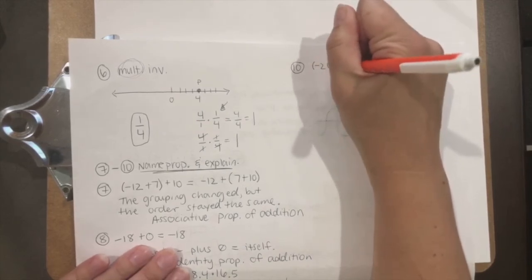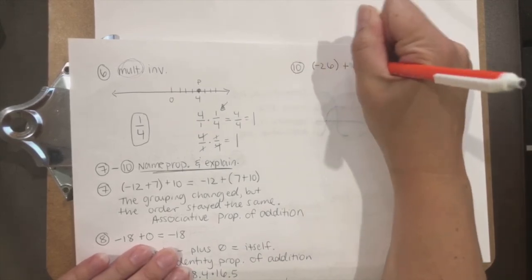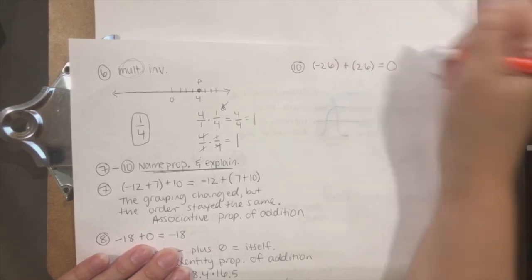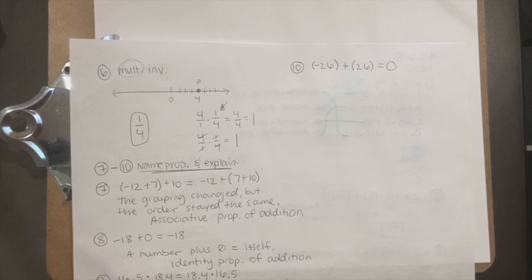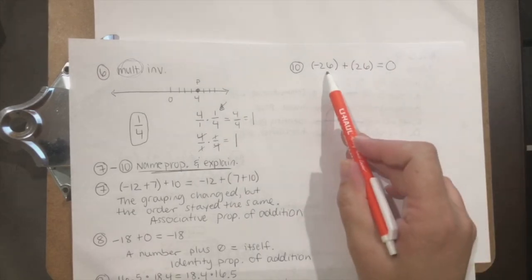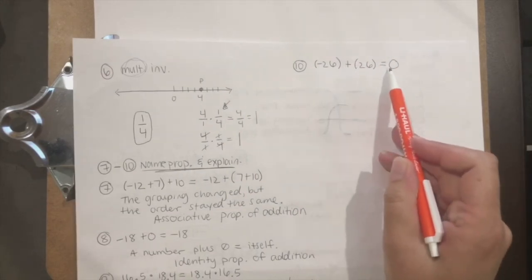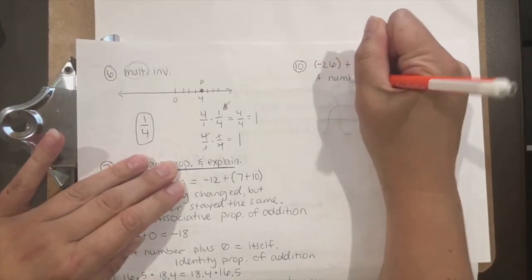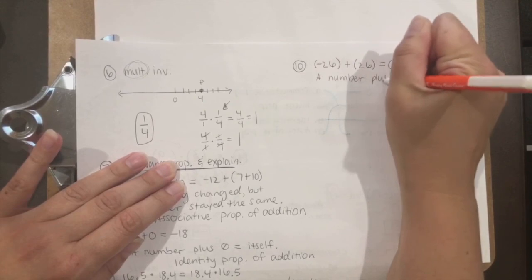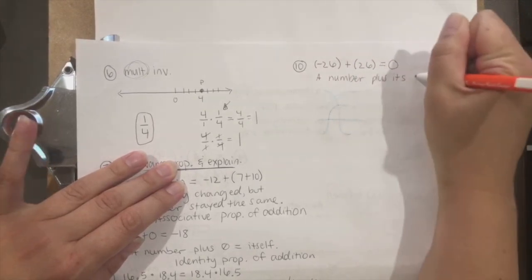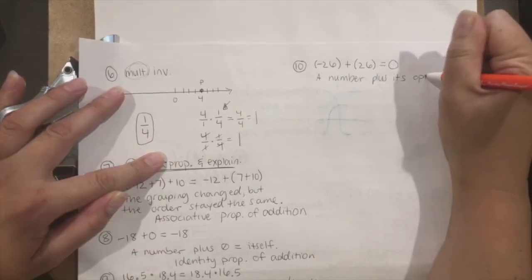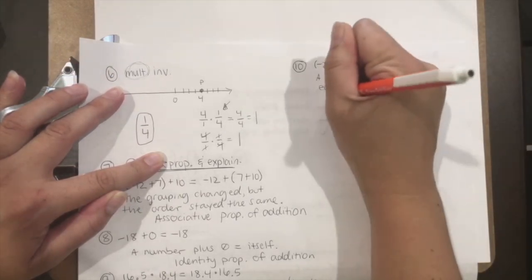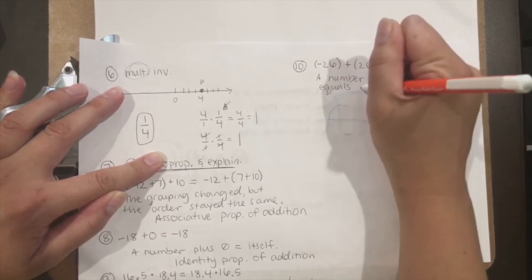And then let's go up here and we'll do number 10, our final problem. Negative 26 plus positive 26 equals 0. Okay, so a number plus its opposite equals 0.